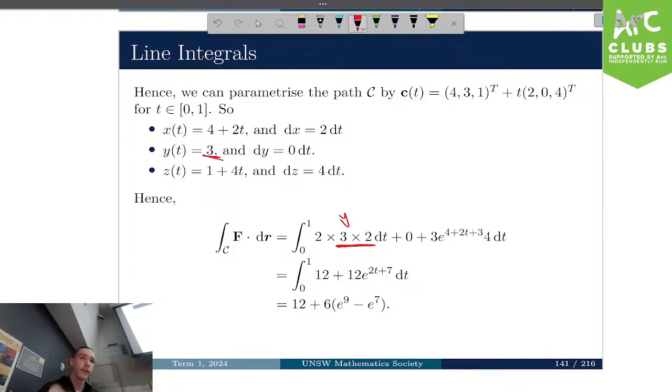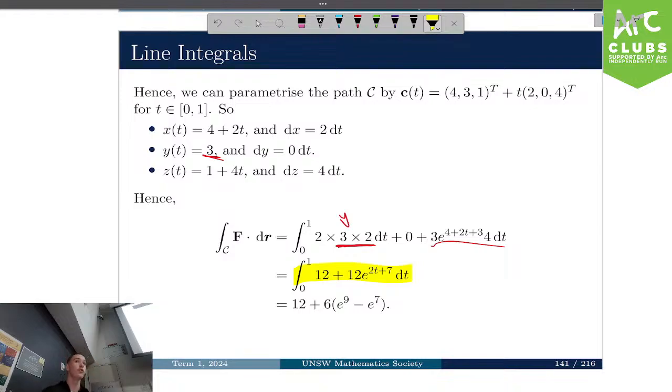Yucky. But dy is just 0, so the whole thing goes to 0. Sweet. And then our last term, the x plus z, we end up getting this term here, which simplifies to a very nice integral of the form 12 plus 12e to the 2t plus 7, which we can integrate very easily, and then we just plug in our bounds 0 to 1.